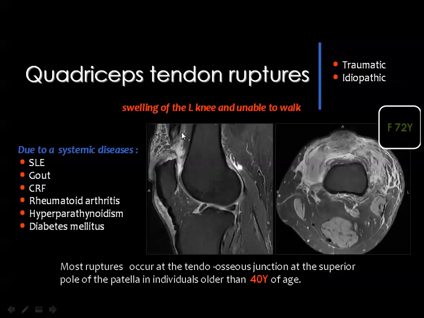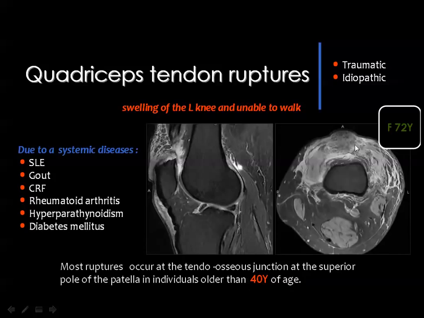But this is one of the tendons which can rupture due to trauma and can show rupture without significant history of trauma. An underlying systemic disease is usually present, and these are the possible diseases, including systemic lupus erythematosus, gout, chronic renal failure, rheumatoid arthritis, hyperparathyroidism, and diabetes mellitus.